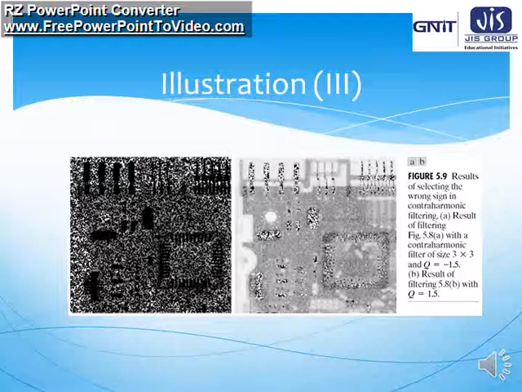In the first image, the result of filtering with a contra-harmonic filter of size 3 cross 3 and Q factor 1.5 has been given, and the second one is the result of that filtering using Q factor equal to minus 1.5. So here the filter has been selected wrongly, so the quality of the image is not at all upgraded but degraded.